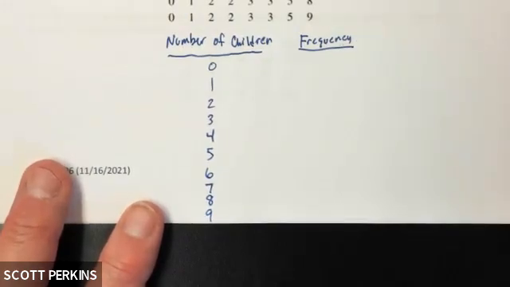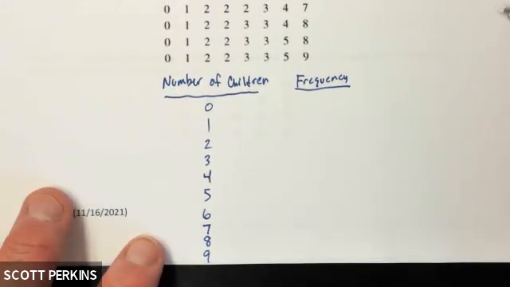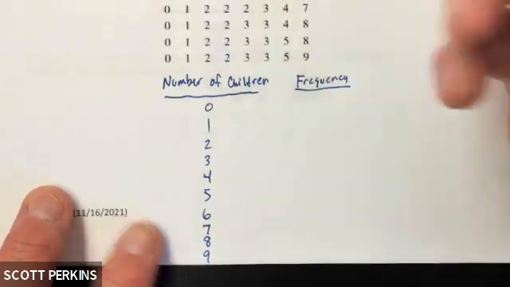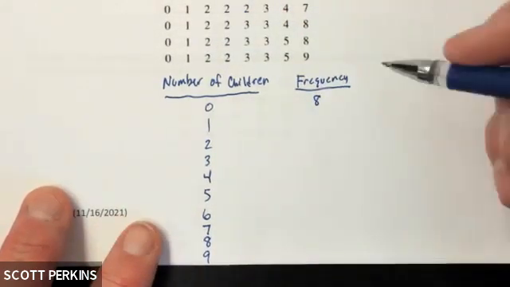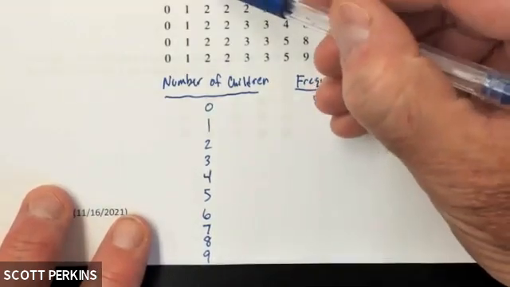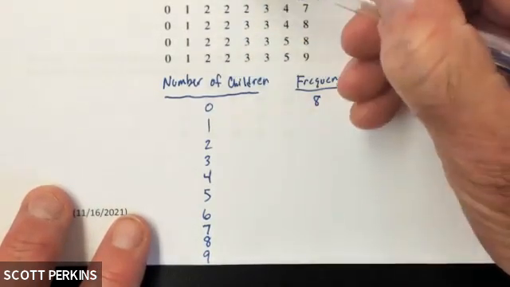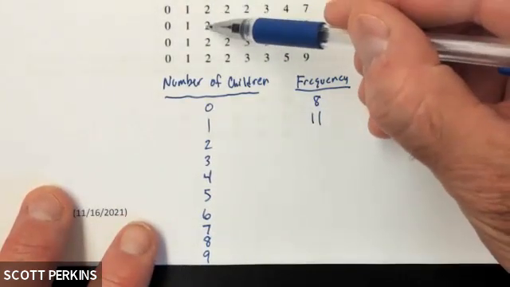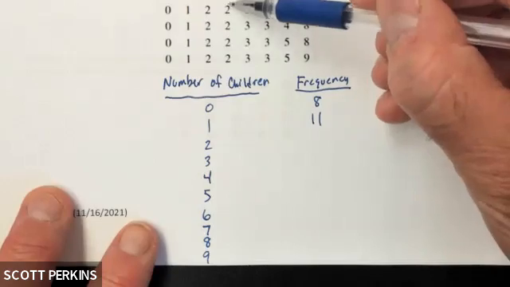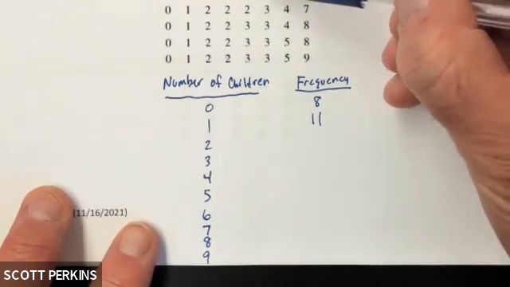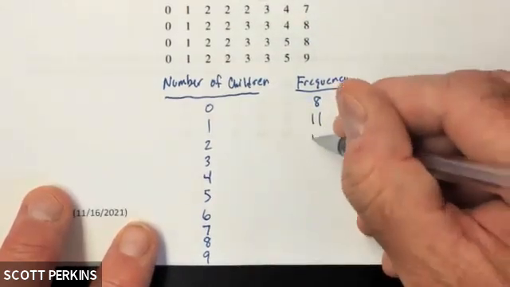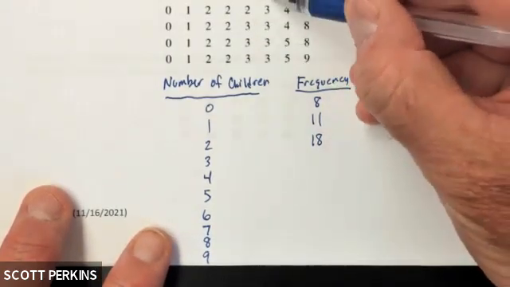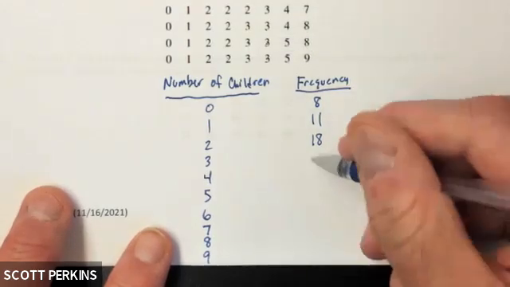Okay, so my frequency, I'm just going to count up. How many zeros? There's, let's see, 1, 2, 3, 4, 5, 6, 7. There's 8 of those. So the rest is just counting. How many ones? 1, 2, 3, 4, 5, 6, 7, 8, 9, 10. Oh, there's 11 of those. How many 2s? There's a lot of 2s. 18 2s. 3s, 11.